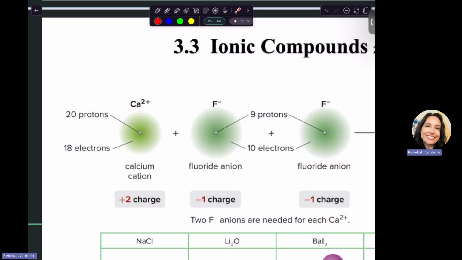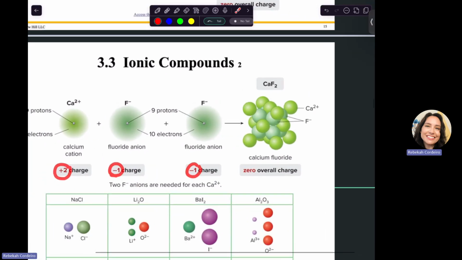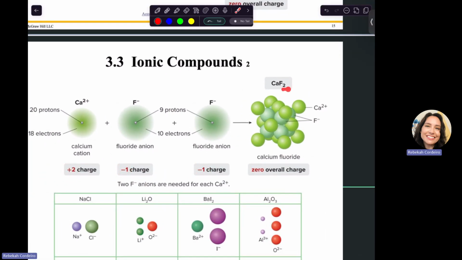So 2 fluorines come together for each 1 calcium, and what we get is a charge balance. The calcium becomes a +2, and each fluorine is a -1. So we get a formula where we show 2 fluorines and 1 calcium and 0 overall charge. In this little crystal, we'd have 2 fluorines for every 1 calcium if you were to count those up.